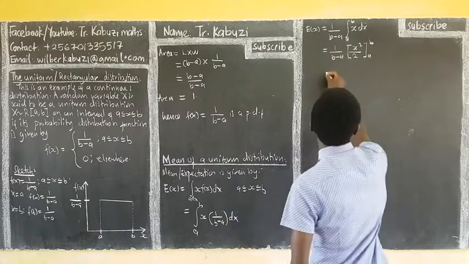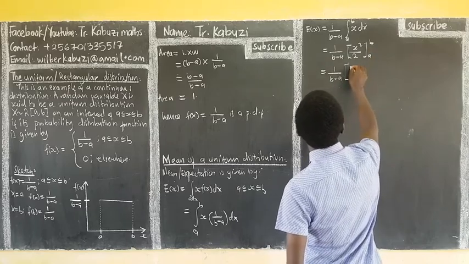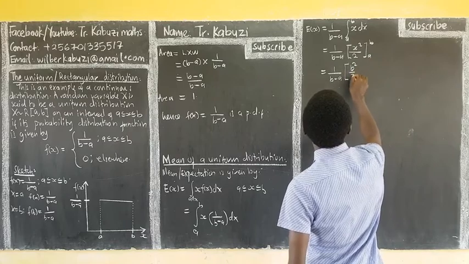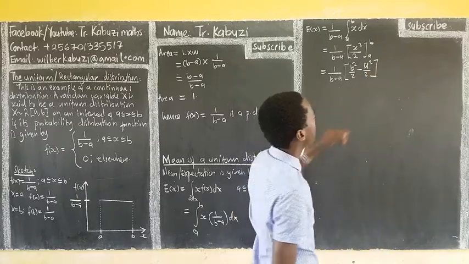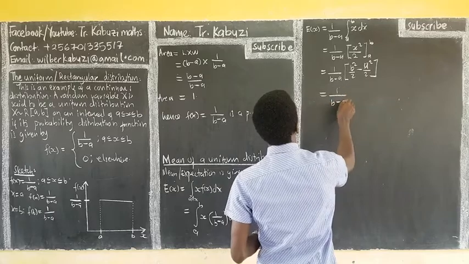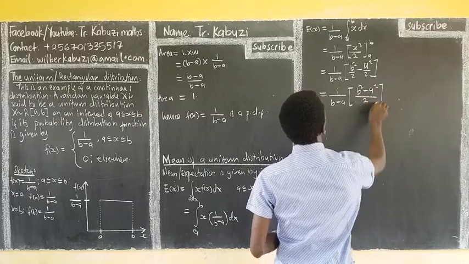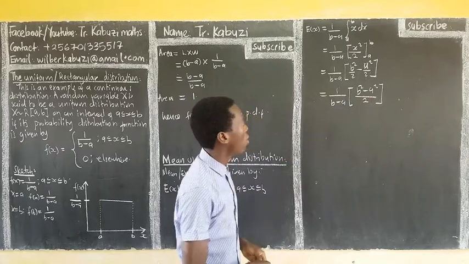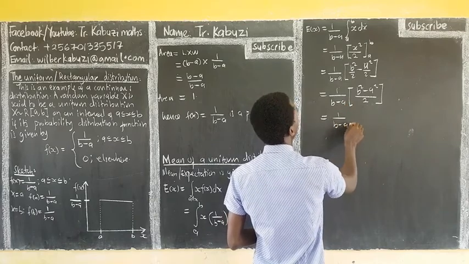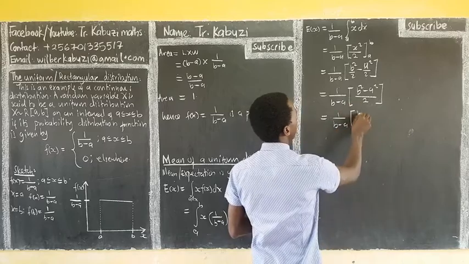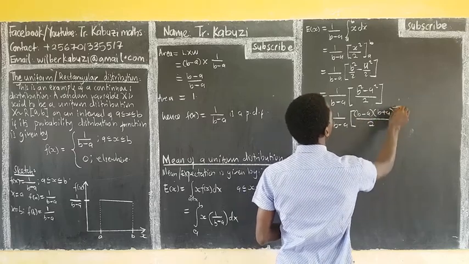Substituting these limits, this will be 1 over b minus a times b squared over 2, minus a squared over 2 for the lower limit. We have the same denominator, so this is 1 over b minus a times b squared minus a squared over 2. Remember this is a difference of squares, so b squared minus a squared is b minus a times b plus a, the whole over 2.